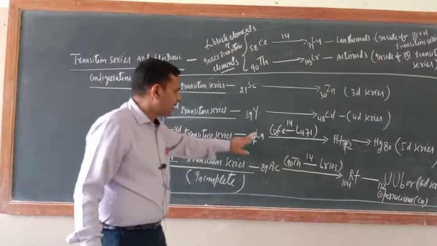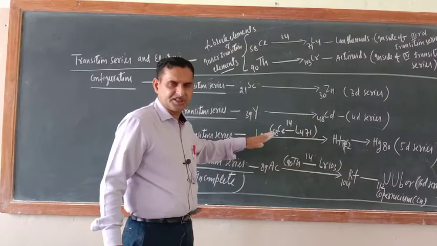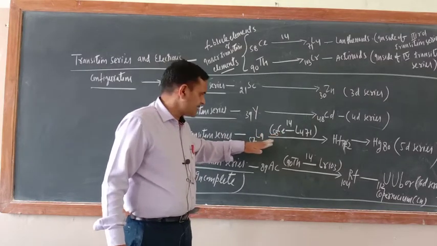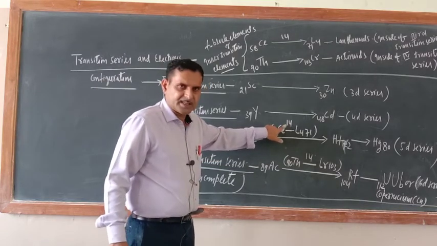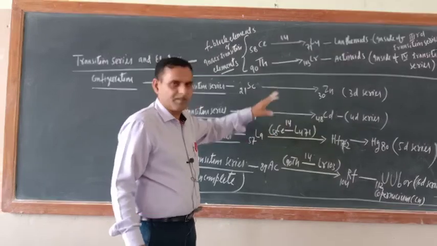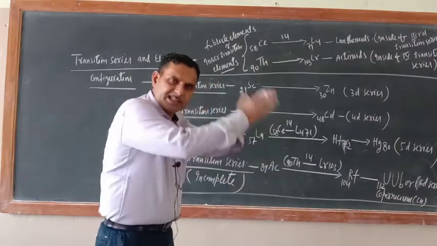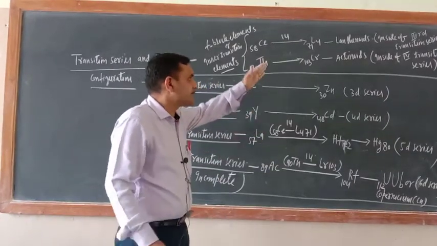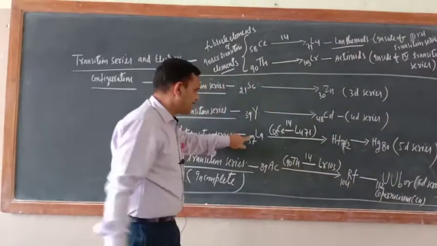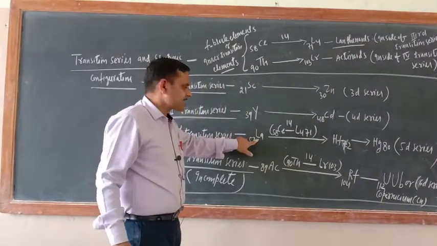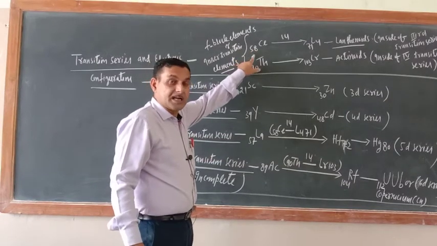Just remember here, in the third transition series, a gap of 14 elements is there. These 14 elements are placed below the periodic table in two horizontal series. The first series is known as lanthanides. The name is lanthanides, but lanthanum is not a member of F block elements.